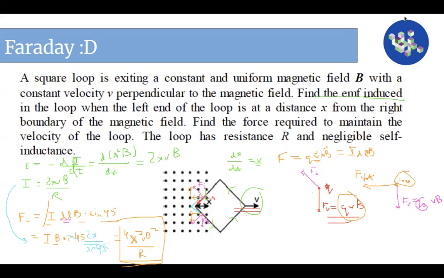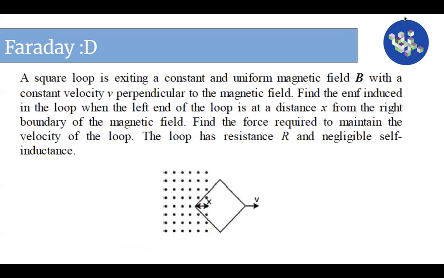Once you decompose the velocity and the forces, you'll find there's an overall net force towards the left, opposing the motion of the loop, and also a net force pointing downwards. But what we're really concerned with is the net force pointing towards the left. All right, let's go on to the next problem.